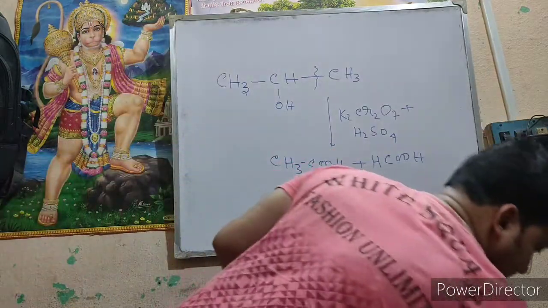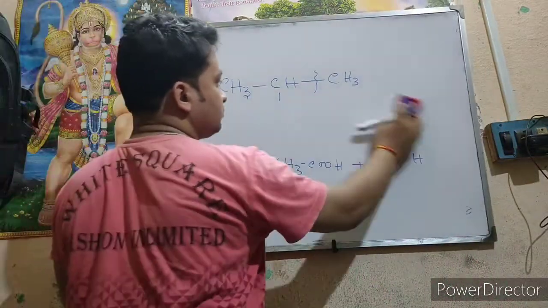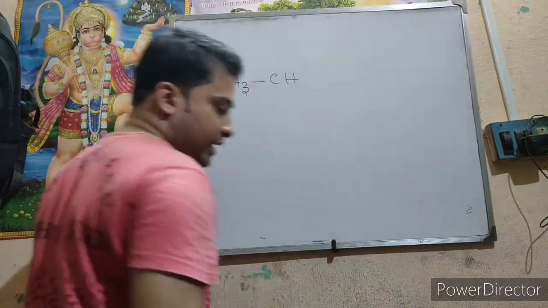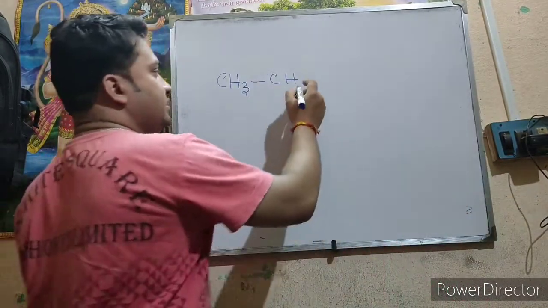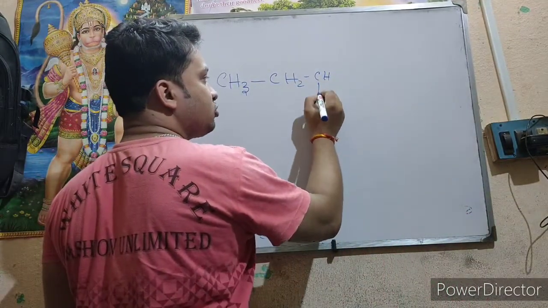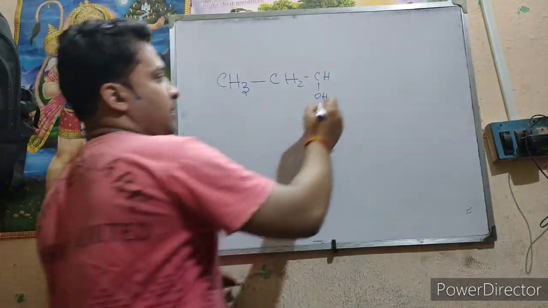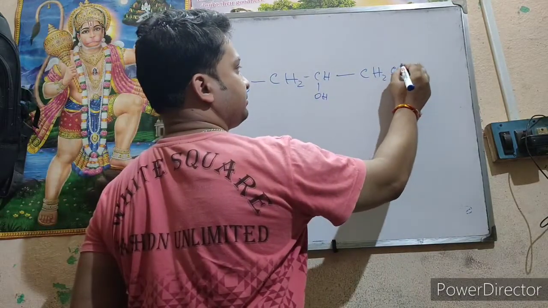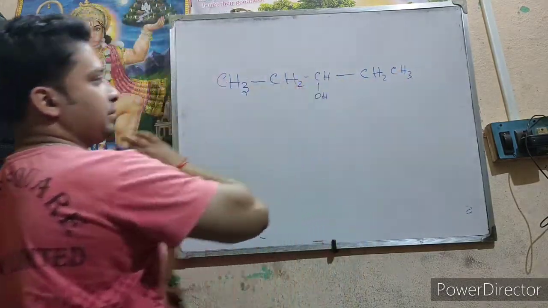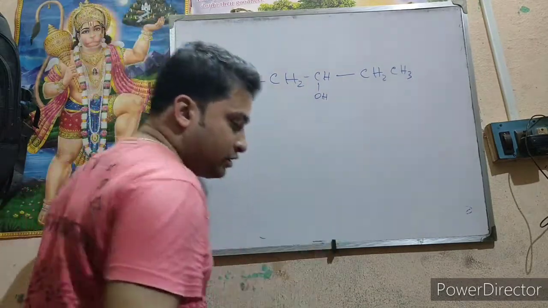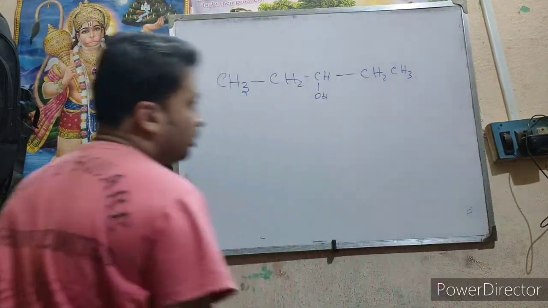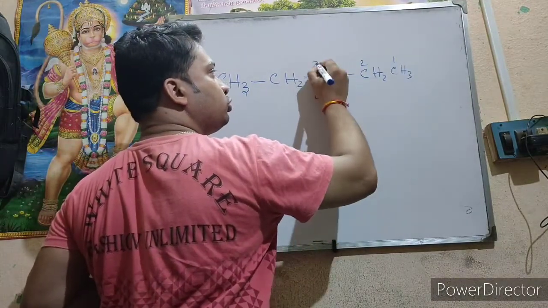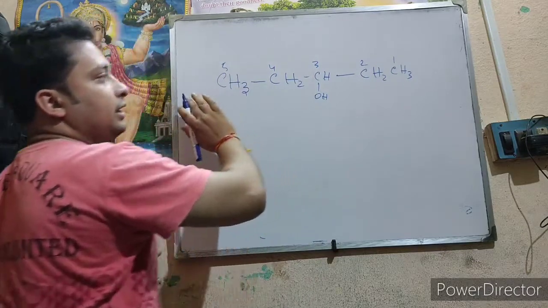Now take another example. If you take CH3CH2 CHOH CH2CH3, numbering 1 2 3 4 5, that is pentan-3-ol.